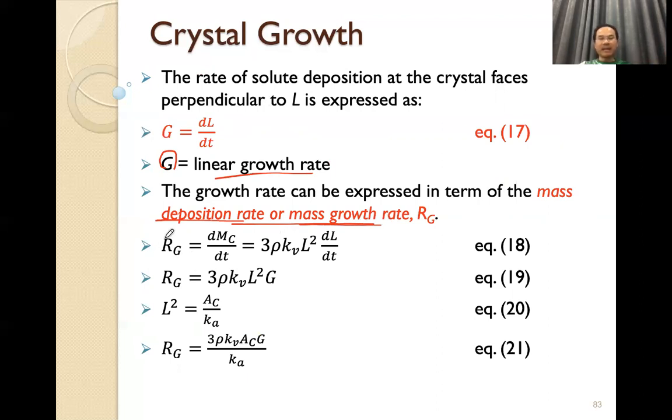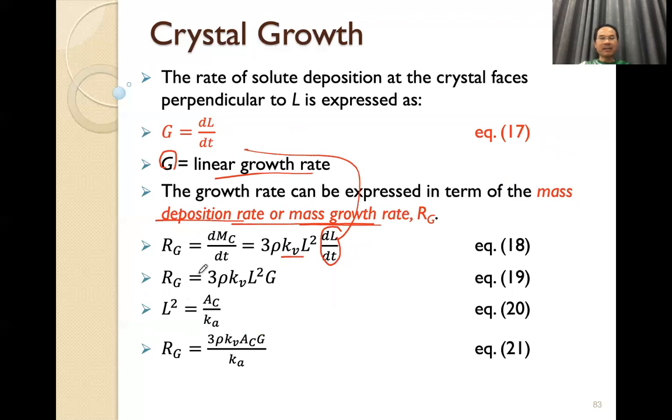We can express Rg, the growth rate, in terms of mass deposition, equal to dmc by dt, where mc is the mass of crystal, equal to 3 ρ kv L² dL/dt, where kv is the volume shape factor. This is a linear correlation.